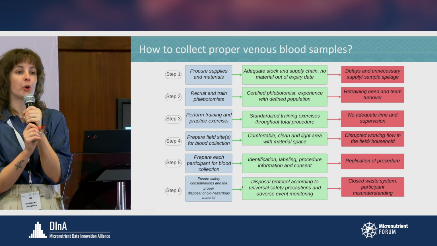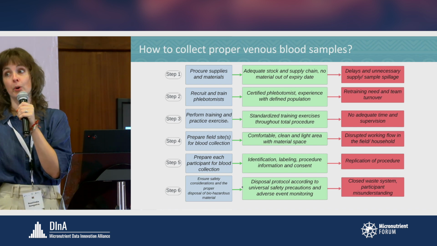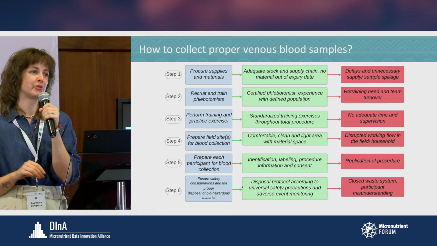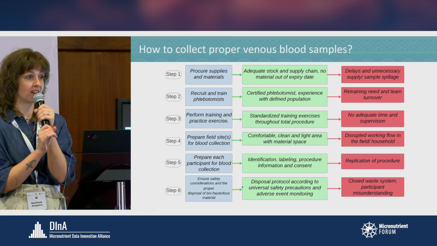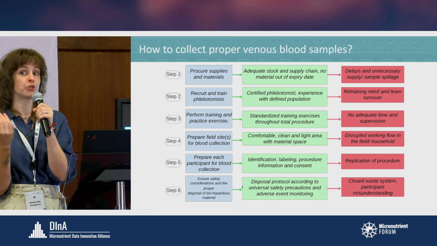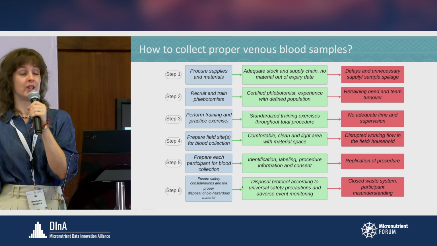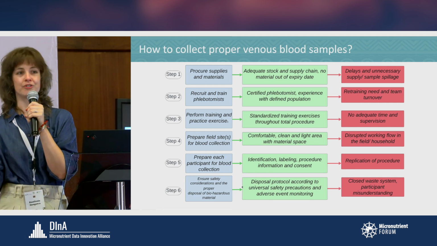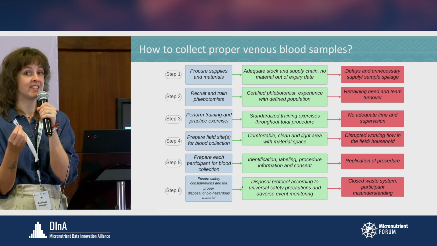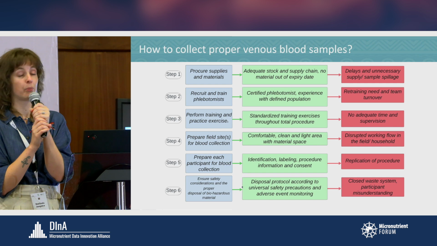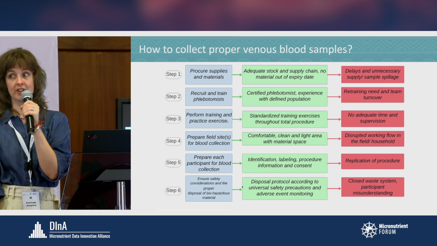So I think we really have to come up within the community with proper communication material and proper ways of communicating why we are doing this, because we actually see that there are a lot of households which decline at the moment because of this, and also because there's a lot of communication between households, and you know how it goes. The information travels from cluster to cluster. So sensitization of your communities and within your countries is really important before field teams are coming in to take this kind of venous blood samples.